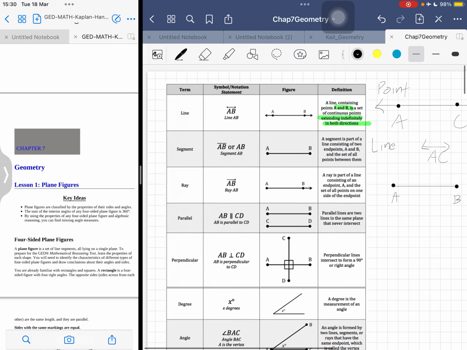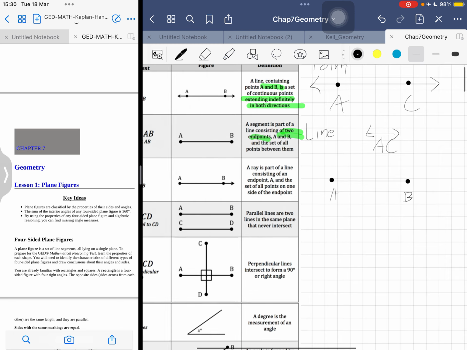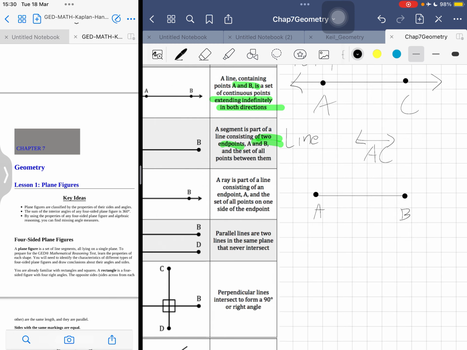So line segment here is the segment which consists of two endpoints, meaning A and B, and the set of all points within them. When you see a line that starts with a point and ends with another point, it's called line segment.